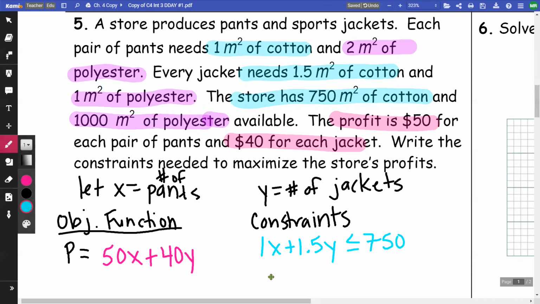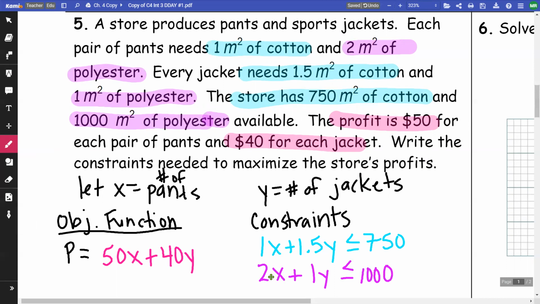That's one constraint. The other constraint, polyester. So we have 2 square meters of polyester for the pants, so 2X, and 1 square meter polyester, so 1Y for the jacket. And we only have 1,000 square meters total, so less than or equal to 1,000. Those are our constraints.